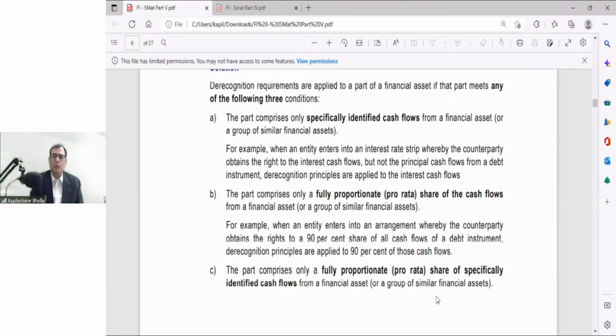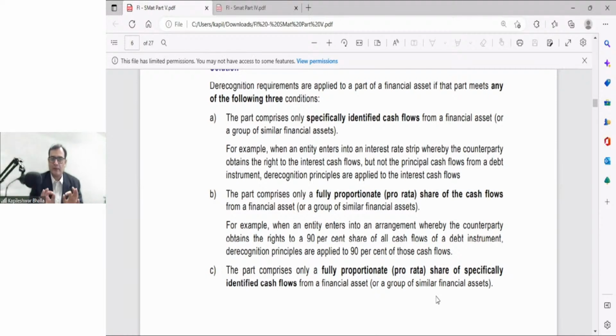For example, when an entity enters into an interest rate strip, whereby the counterparty obtains the right to the interest cash flow, but not the principal cash flows from a debt instrument, derecognition principles apply only to the interest cash flow. So you transfer one of the cash flows, principal or interest, but you transfer it completely.